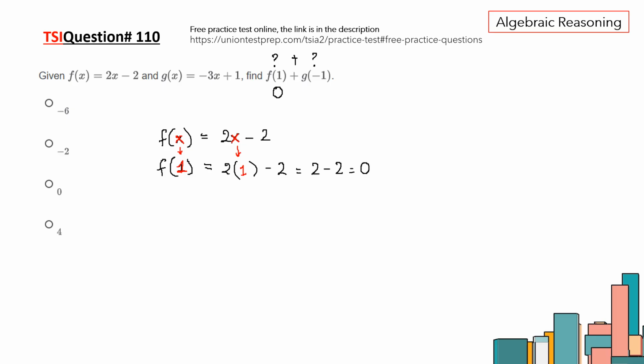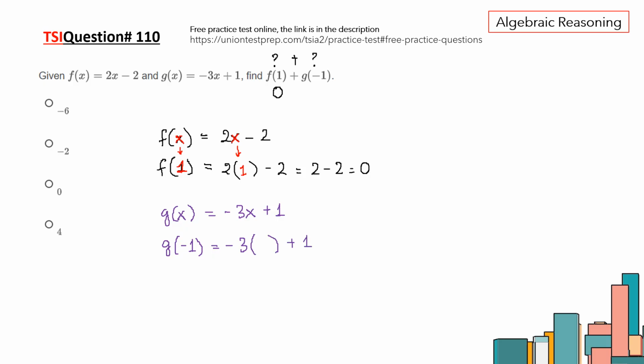Now we have our g of x. G of x is equal to negative 3x plus 1. Now we have to find g of negative 1. Equal negative 3, and where we see x, we make the parentheses, plus 1.